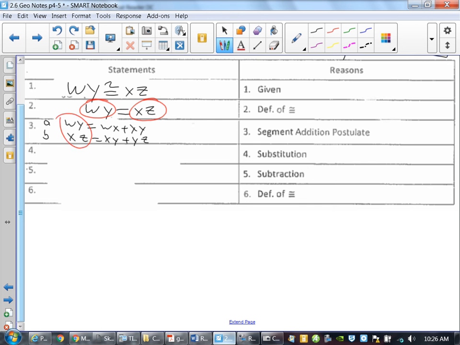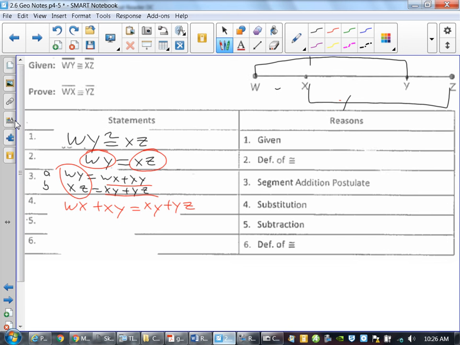Well, these two guys equal other things. That means these other things have to equal each other. That has to happen. And you look at our diagram, we know that these two chunks are made up to equal the larger, means these two smaller chunks have to equal each other.